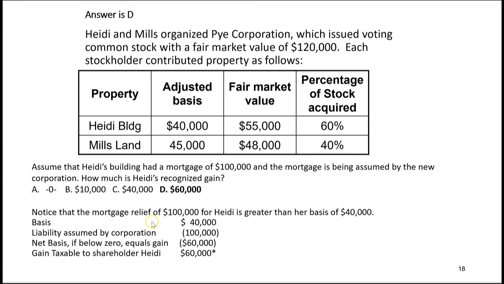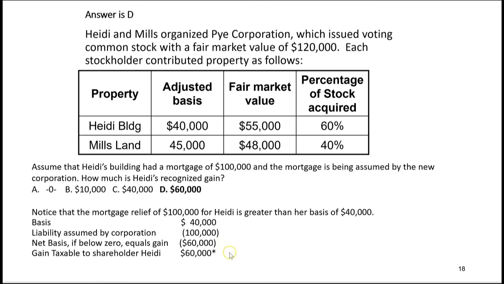We start with the basis of $40,000 and we reduce the mortgage just like we did when it was only $10,000. But now the liability assumed by the corporation is $100,000. That brings Heidi's basis down to below zero, minus $60,000. And that's key here, that she's sitting with a minus $60,000 basis. Funny thing about basis, it's not allowed to be negative. So if the basis is negative, guess what we got to do? We got to bring it up to zero.